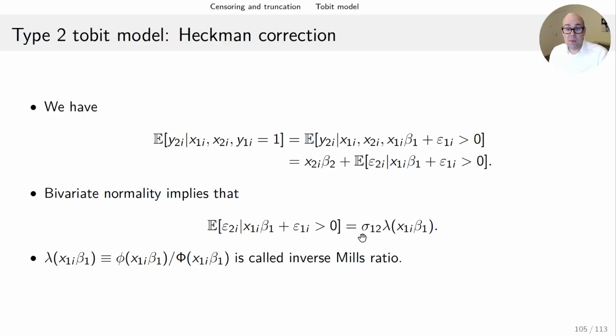That closed form is the covariance between epsilon 1 and epsilon 2 times this function lambda evaluated at x1i beta 1, and this function is called the inverse Mills ratio. That's a result from statistics, and the inverse Mills ratio is the density of the normal distribution evaluated at x1i beta 1 divided by the CDF of the standard normal distribution evaluated at x1i beta 1.